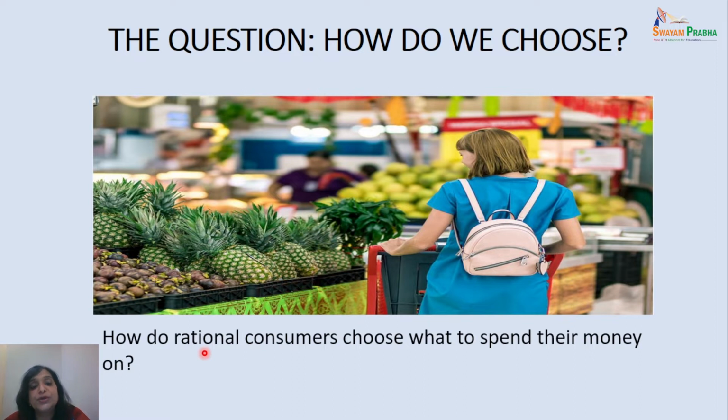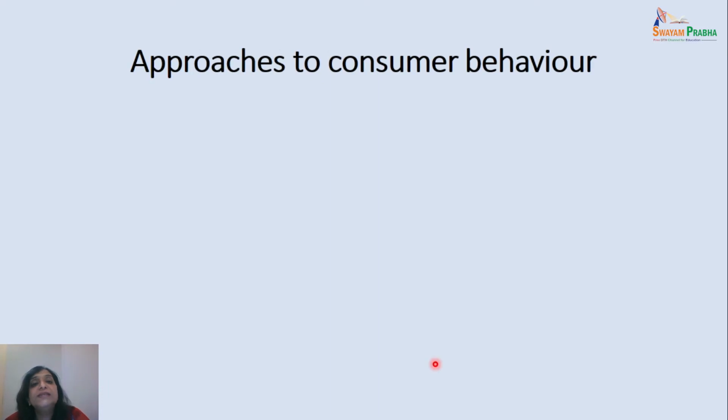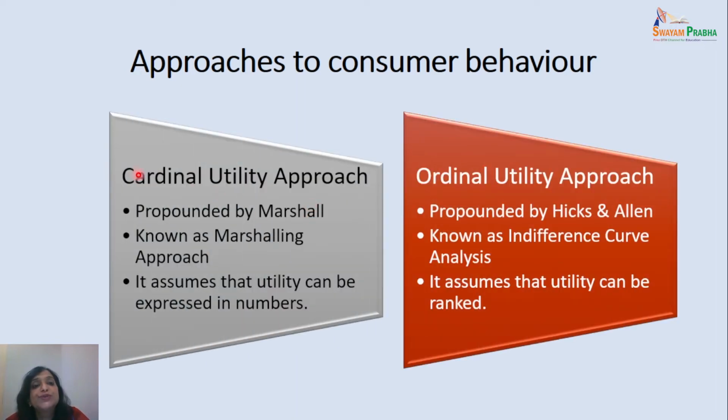This question of how consumers make choices, or how they choose what to spend their money on, is answered by these two approaches of consumer behavior. As I just told you, one approach is called the cardinal utility approach, the other is called the ordinal utility approach.